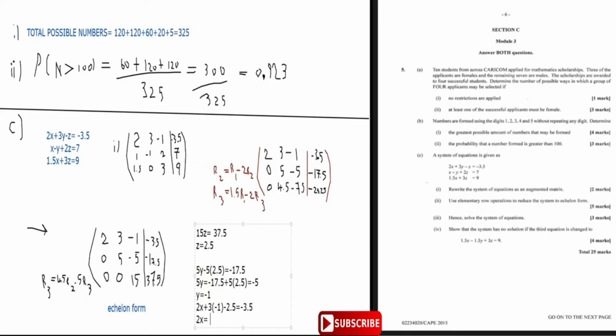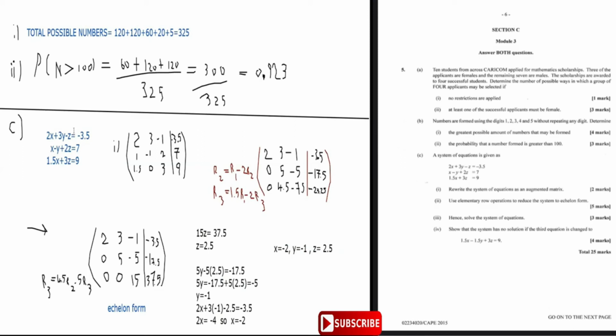So 2x is negative 4, and so x is negative 2. So finally, to write the solutions, x is negative 2, y is minus 1, z is 2.5. If you don't believe it, you can test your solutions in any one of these equations and it should satisfy.